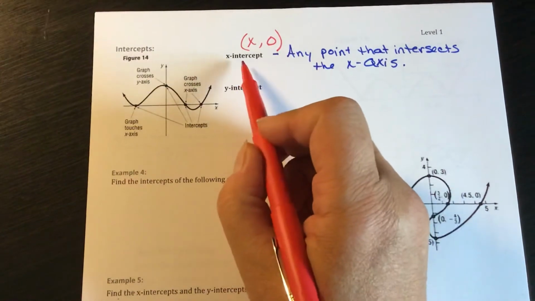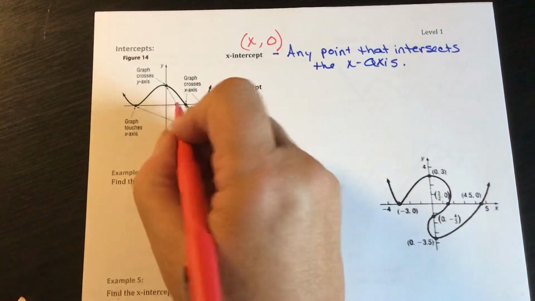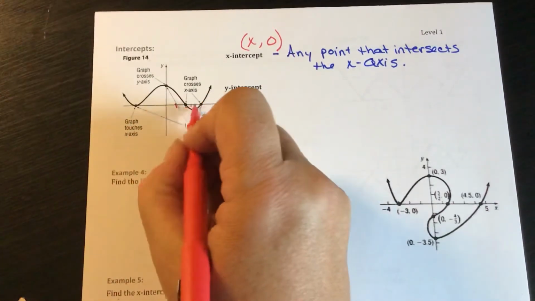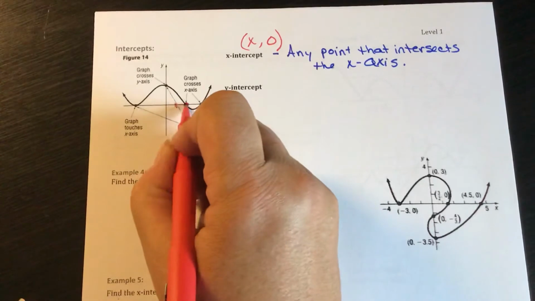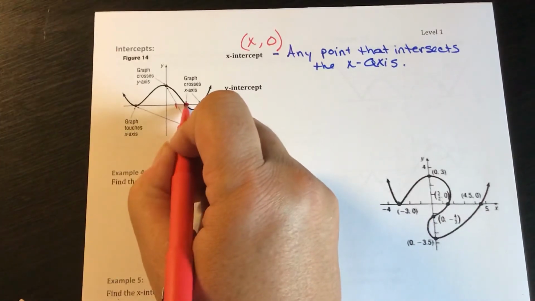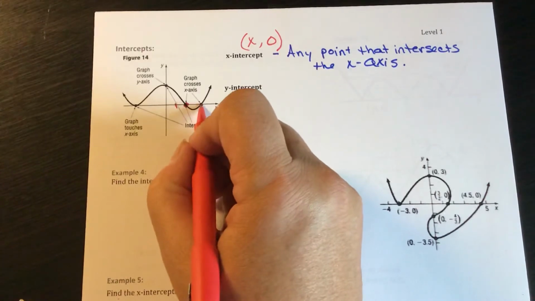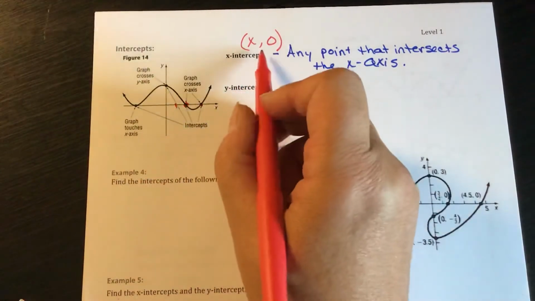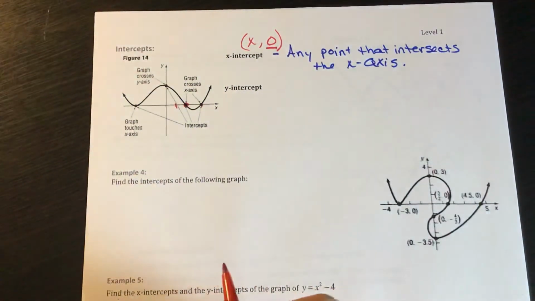Anytime we have an x-intercept, the y-coordinate is 0. So let's just pretend over here, if I'm counting and I wanted to label this point, this would be over 2, up 0. Okay, this would be over 3, up 0. So any x-intercept is going to have a y-coordinate of 0.